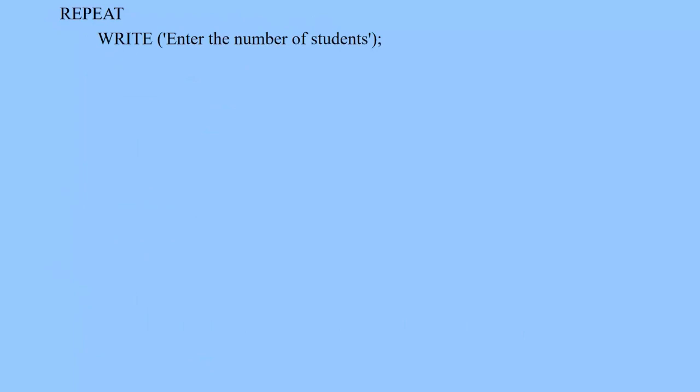Then repeat the following. Write out, enter the number of students, display that message, then read the value entered, and do that until the value entered is greater than 0. So this part, my dear students and the rest of the learners, is simply meant to regulate the number entered.